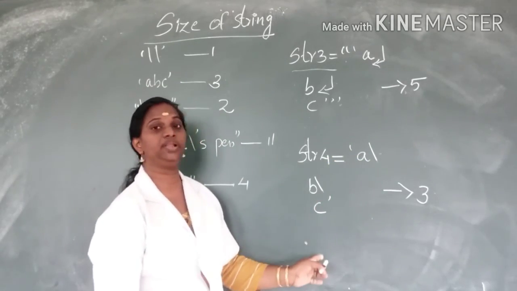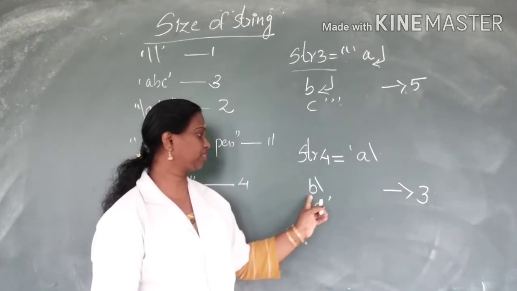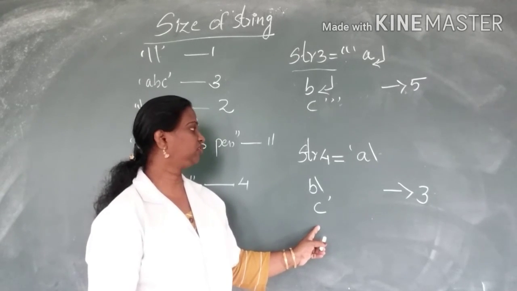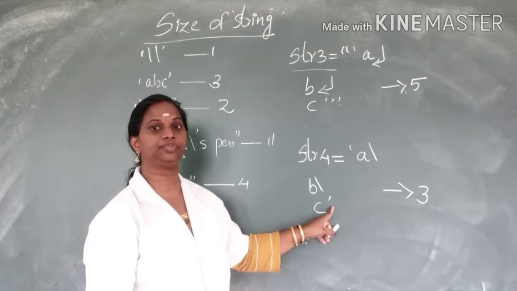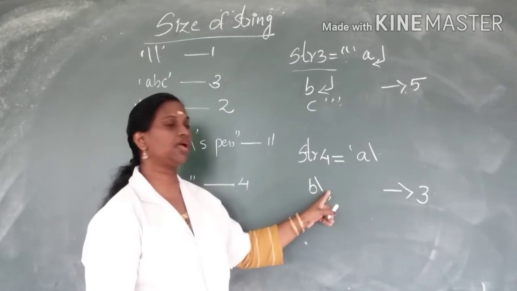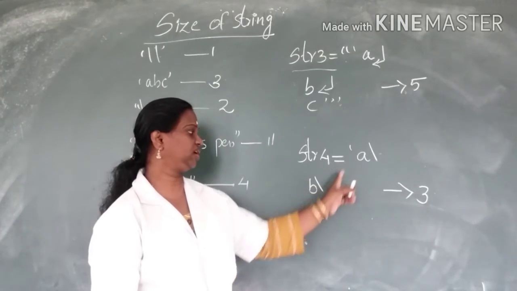See the next example. String 4 is equal to A, then backslash, B, backslash, then C. Here you can close the single quote. This one is also multi-line, but it is given in single quotes.